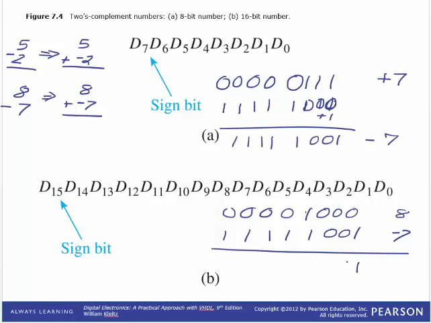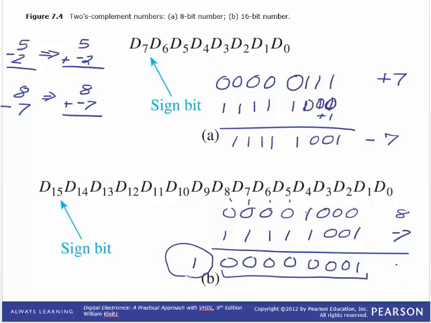We get 1, 0, 0. 1 plus 1 is 1, 0. 1 plus 1 is 1, 0. 1 plus 1 is 1, 0. 1 plus 1 is 1, 0. And 1 plus 1 is 1, 0. But this bit right here fell out into the 9th place. It's not in the 8th place anymore. So my 8-bit answer is right here, and it is a plus 1. So it worked. 8 plus negative 7 is plus 1.